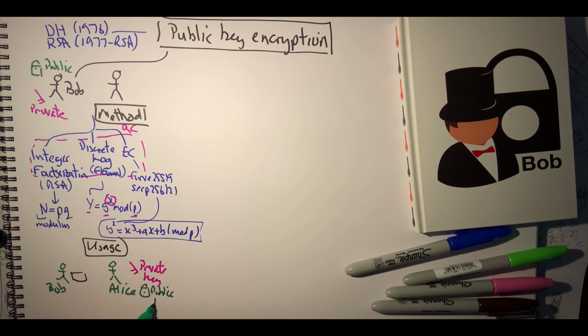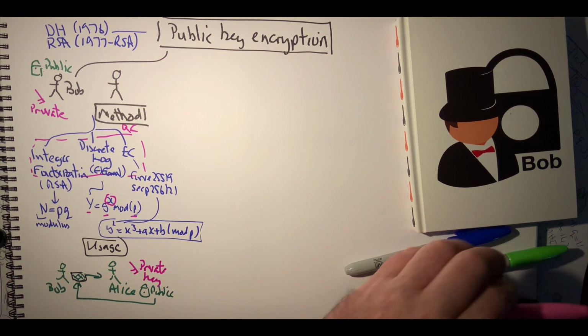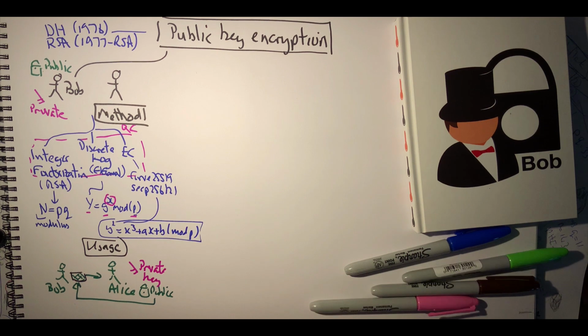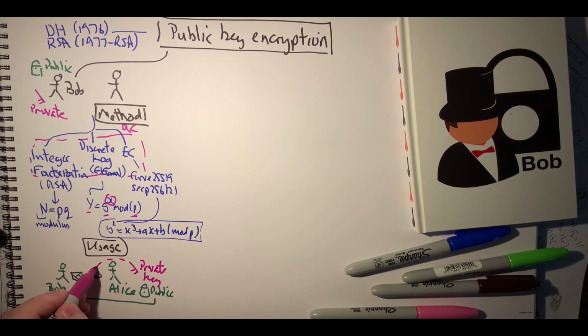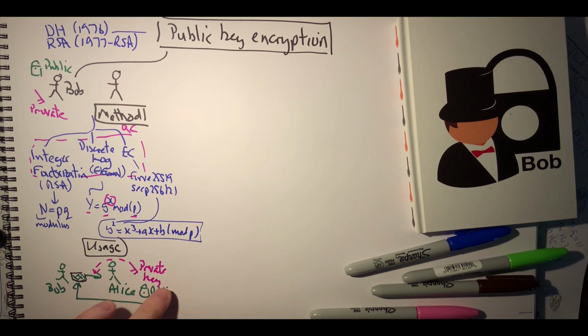To encrypt data for Alice, Bob will take Alice's public key and encrypt the data. When that's sent over, it is then her private key which is used to decrypt the data. Okay, so in this way we can encrypt data for Alice with her public key and then use her private key.